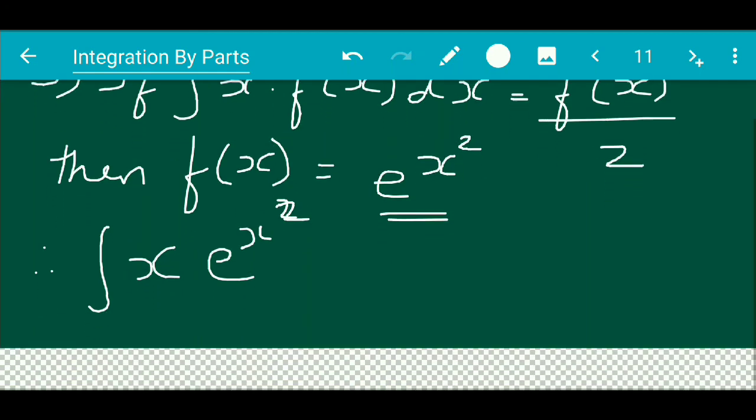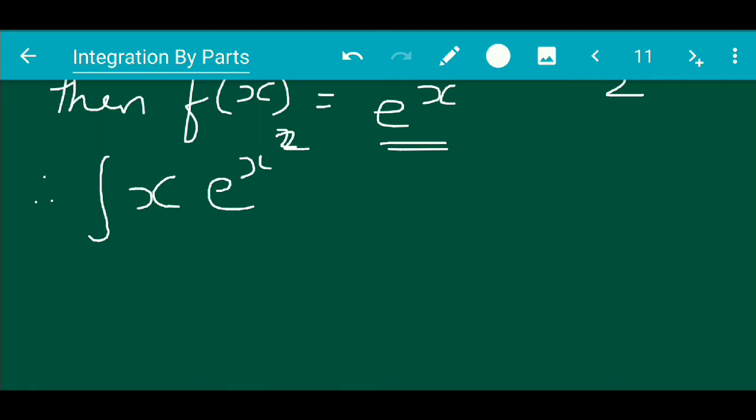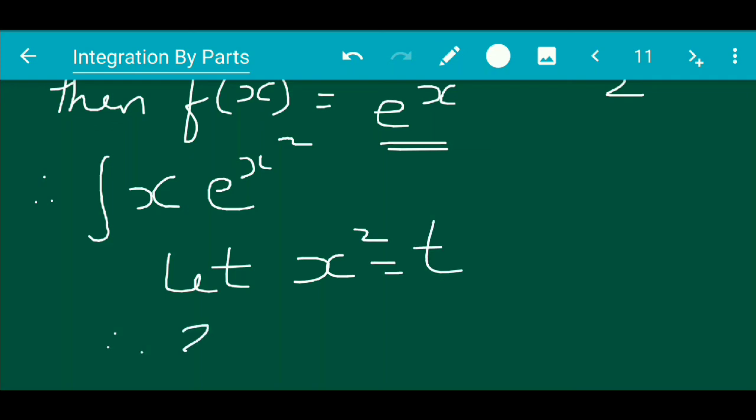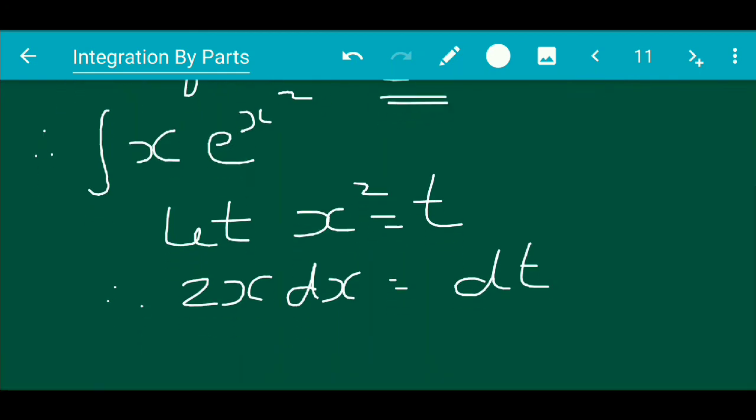It's a substitution sum. As you can see, e raised to x square can be substituted by writing let x square is equal to t, and therefore 2x dx becomes dt, or x dx. So this is x e raised to x square dx.